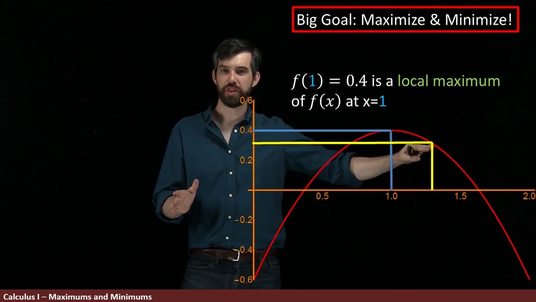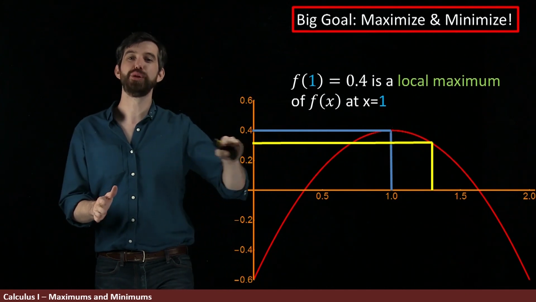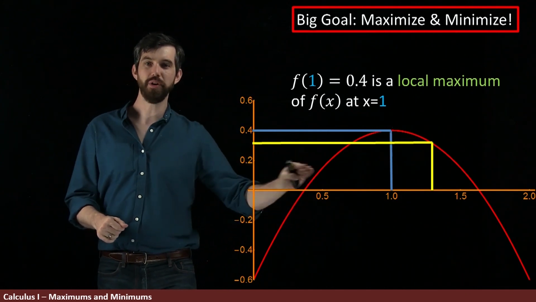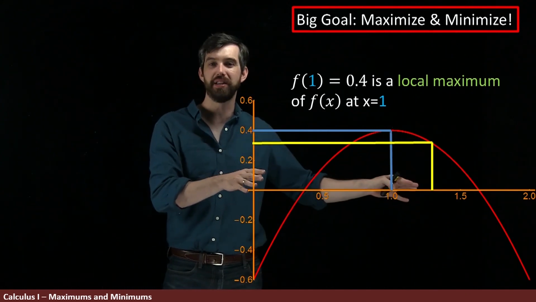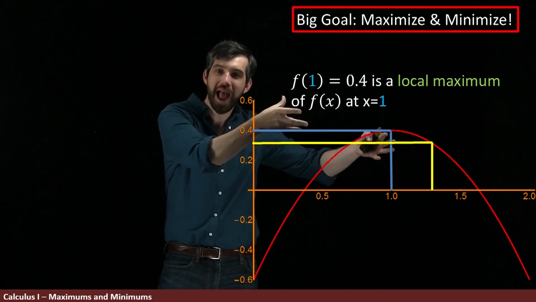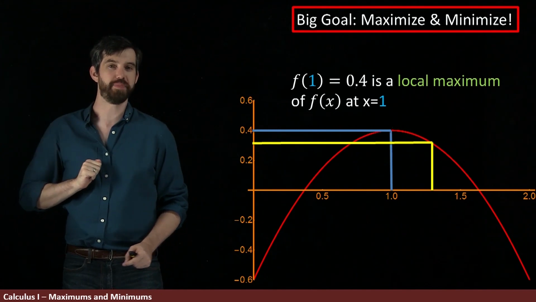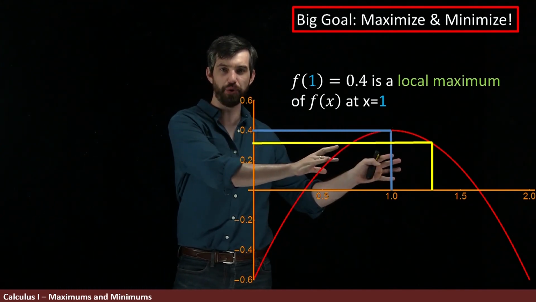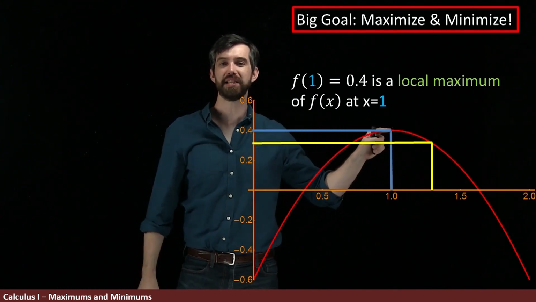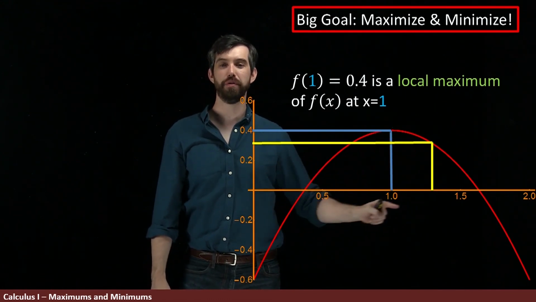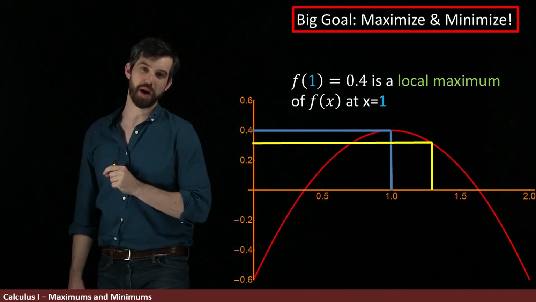Wherever I go to, the height now is a lower number. If I'd gone over here, it would be lower. Anywhere else I went, at least around the point of x equal to 1, not going into some weird domain far away, it appears that that is higher than the value of the function for any point nearby.